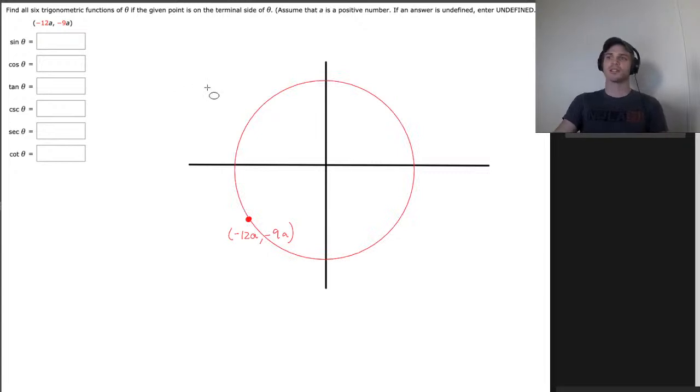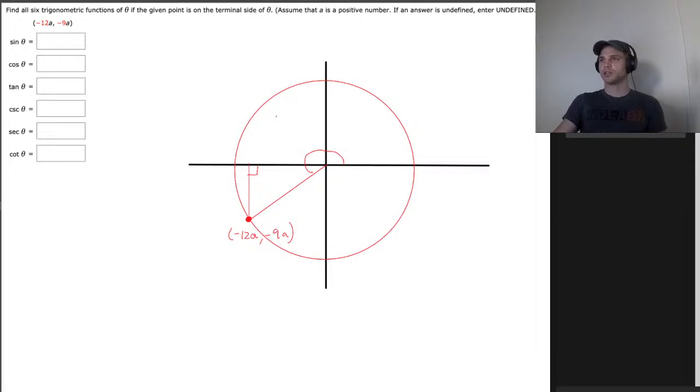Okay, so if we imagine this thing is on a circle, and we have this angle in standard position, and then we could make this triangle here. Just like that. And now we can use our trig knowledge to draw this thing up.